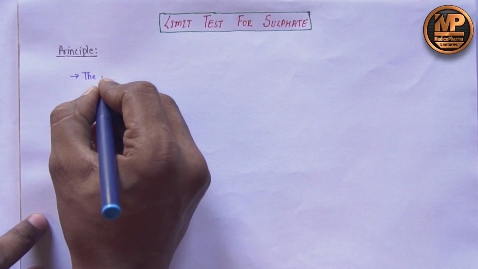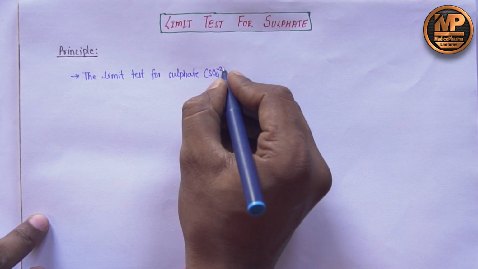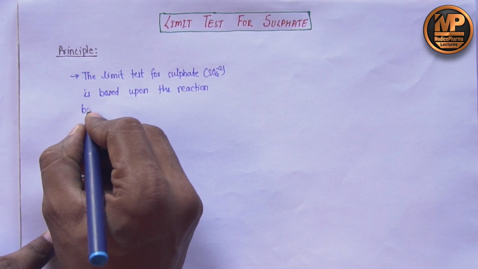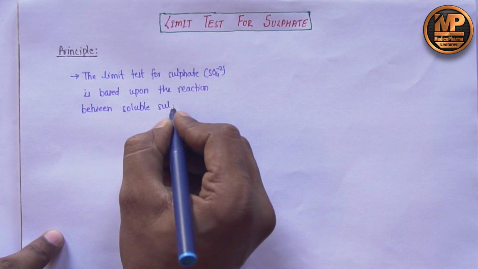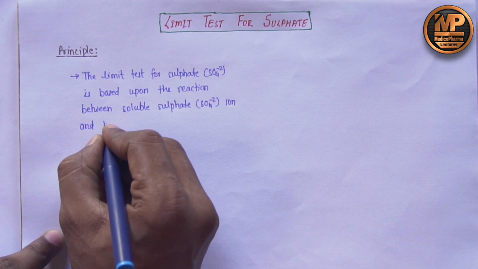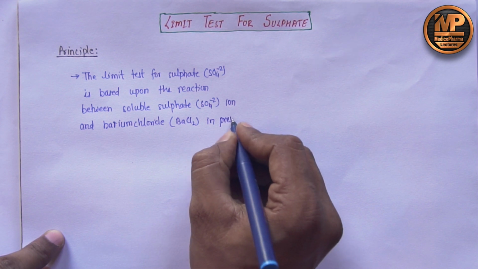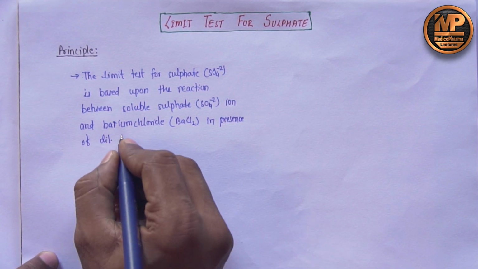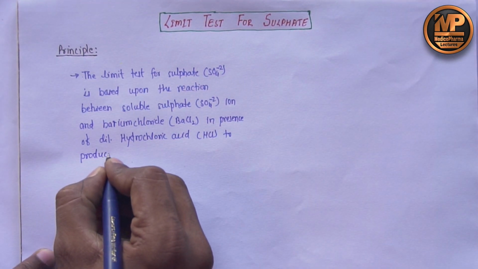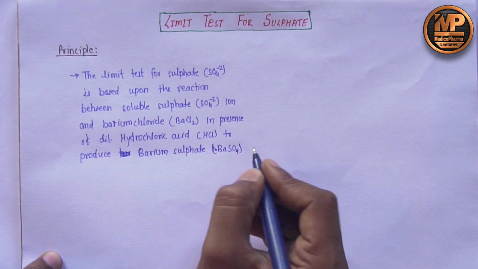Okay, the limit test for sulfate, that is SO4-2, is based upon the reaction between soluble sulfate ion and barium chloride BaCl2 in presence of dilute hydrochloric acid to produce barium sulfate turbidity.